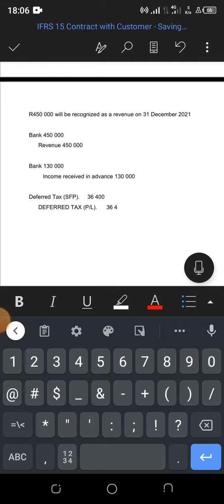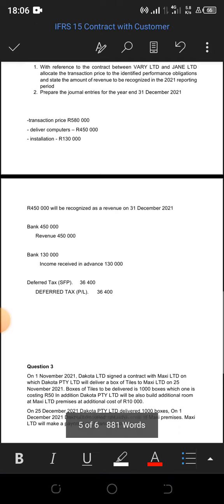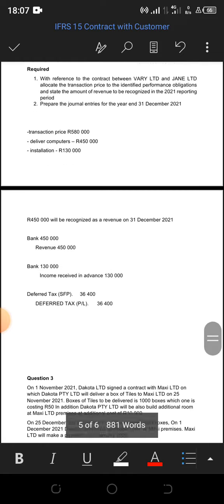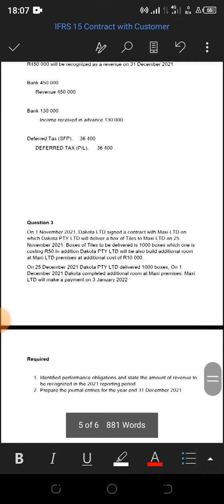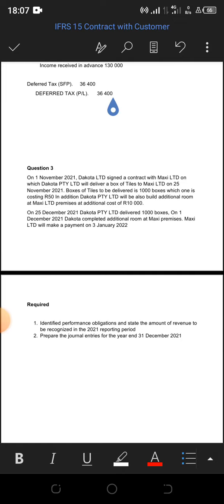But please make sure that you go with the standard so that you won't waste a lot of time cramming those principles. Okay, so let's go to the other question. Question 3. On 1 November 2021, Dakota Ltd signed a contract with Maxi Ltd on which Dakota Ltd will deliver a box of tile to Maxi Ltd on 25 November 2021.